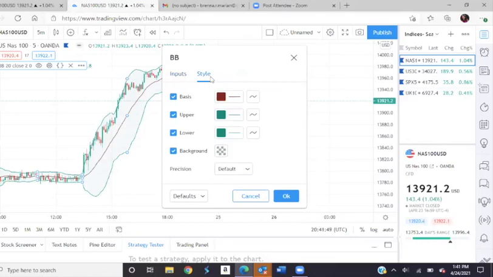If you like your charts a specific color, you can change the colors for the upper Bollinger Band, the lower Bollinger Band, and the middle Bollinger Band. I just keep mine on the basic one. Precision is on default. Please screenshot both of these. Drop a 777 once you've gotten this done. So everybody can.